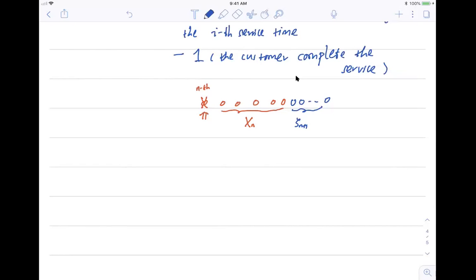If this is xn, this is psi n plus 1. Wait, I think this should be... I should change. So this is the number in the line.